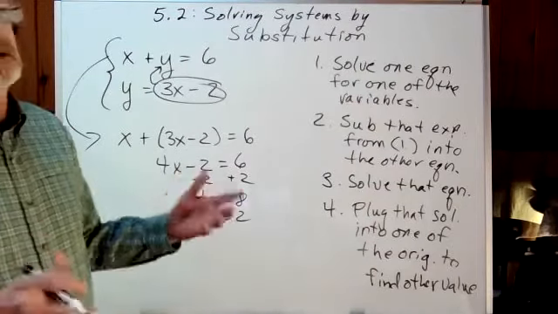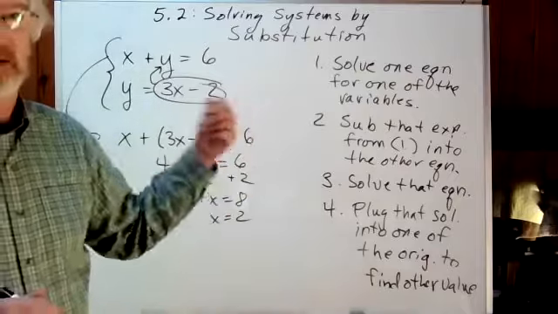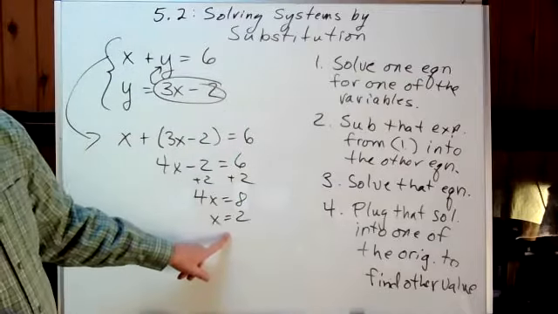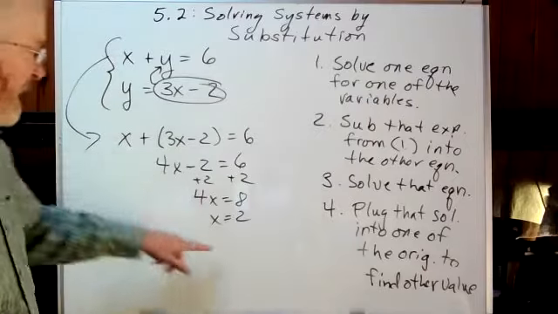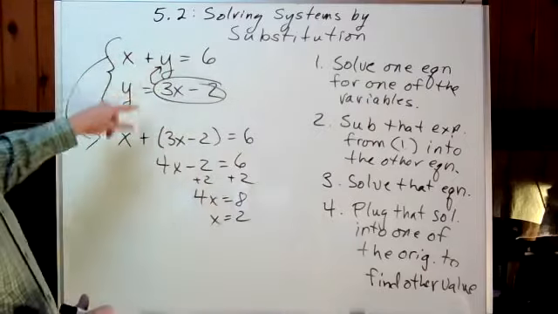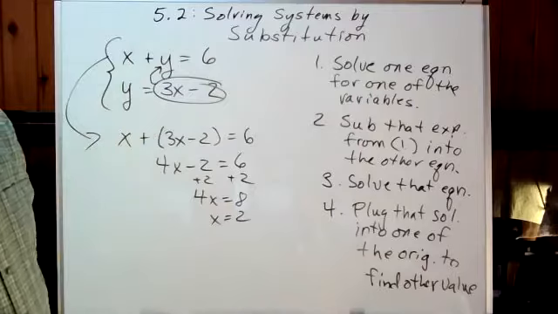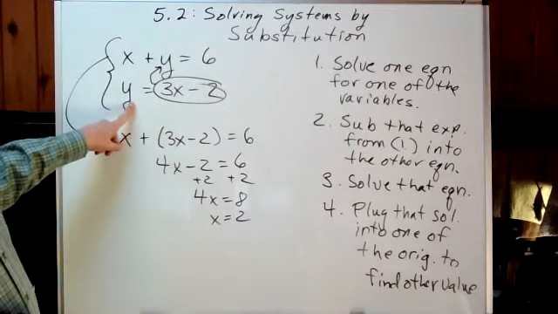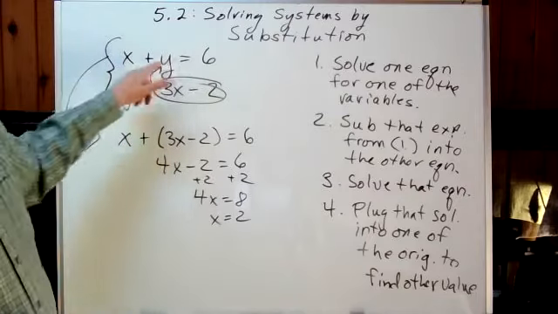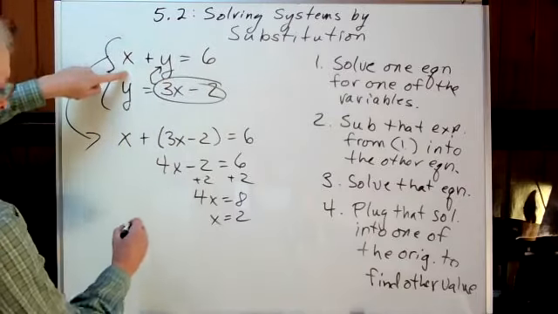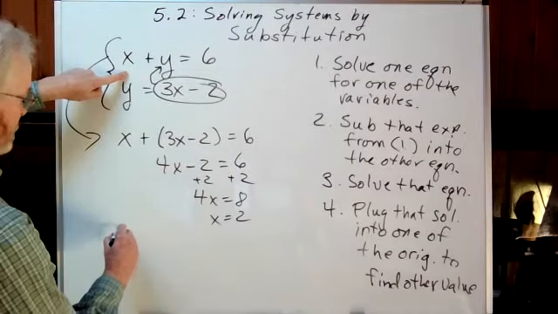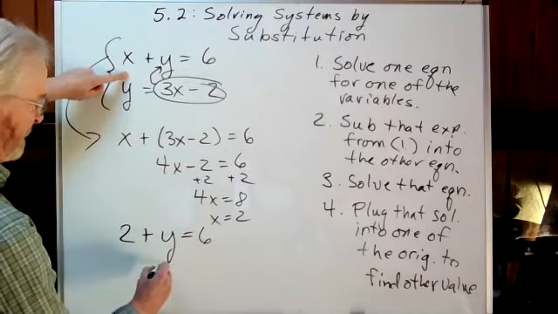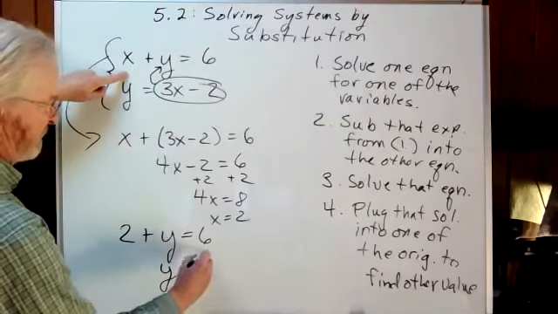A solution is a point on a line. It's always an ordered pair. I need to find the Y that goes with it. So I need to go back up and plug it into either one of these. Pick one that you think looks easiest. This one is kind of solved for Y. That might be the easiest, or these are really small numbers anyway. So here's the X value, 2 plus Y equals 6. If I subtract the 2, the Y must be a 4.